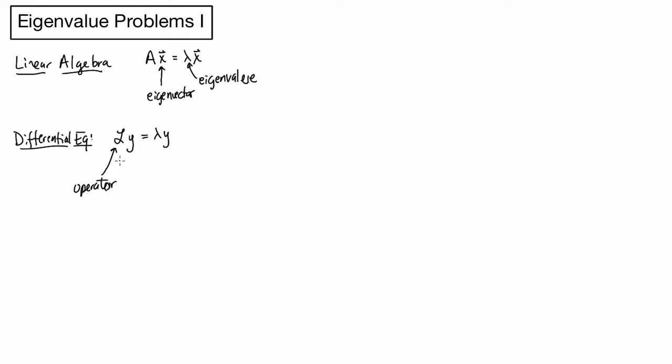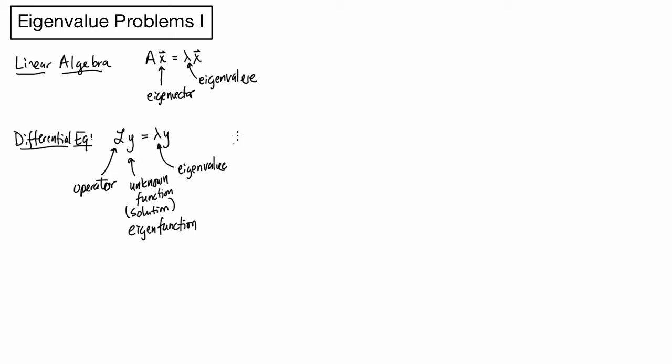It's a differential operator. y is an unknown function, usually thought of as the solution to our problem. We're going to call it the eigenfunction, though. And lambda then is still called an eigenvalue.